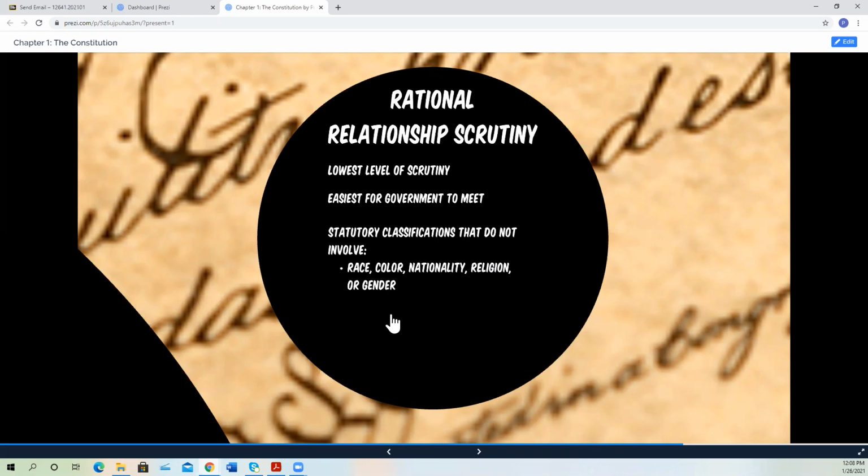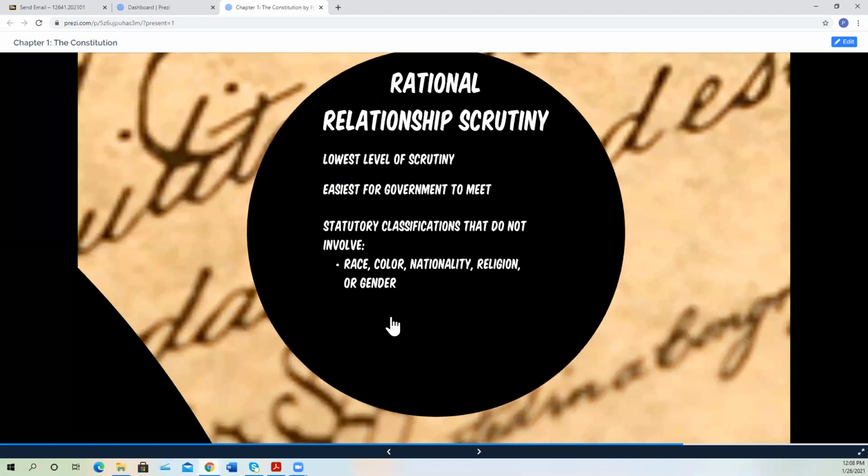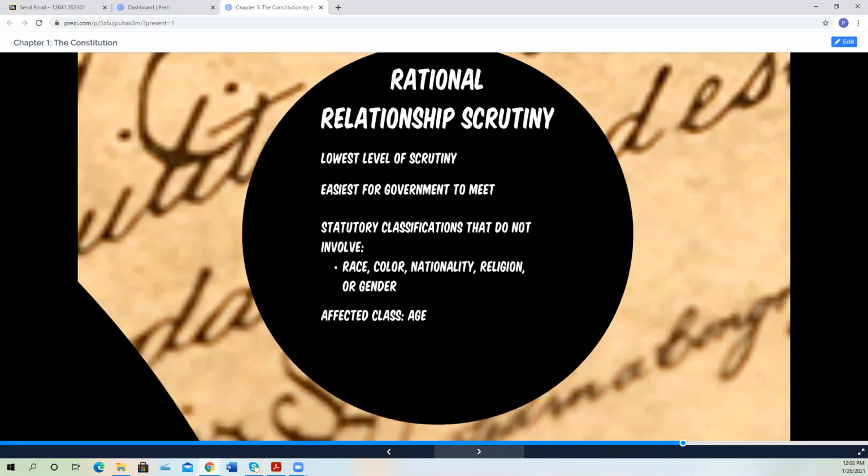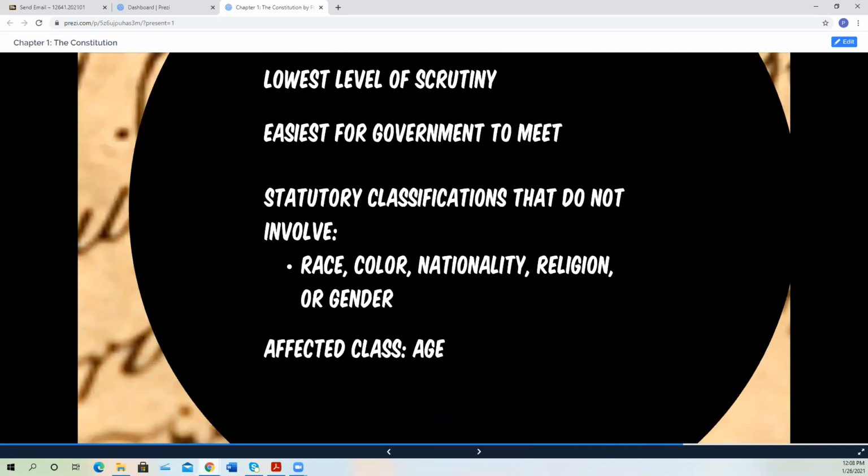So what does it involve? The affected class for the rational relationship scrutiny is age. If the government passes a law that affects people because of their age, then the government is only going to have to show a rational relationship.